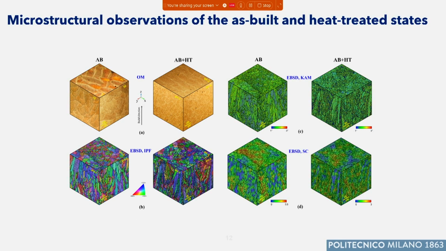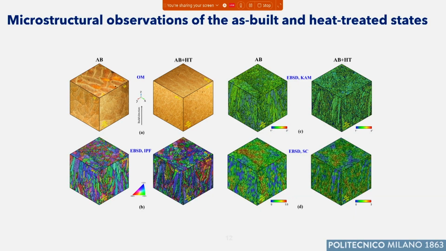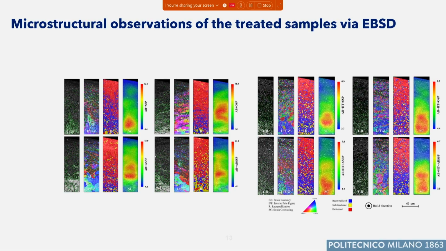These are the microstructural observations in the as-built and heat-treated states, so before shot peening, and these are similar. We can make the same comment we did yesterday, on the effect of heat treatment in making the microstructure much more uniform, removing the typical patches caused by the laser beam.